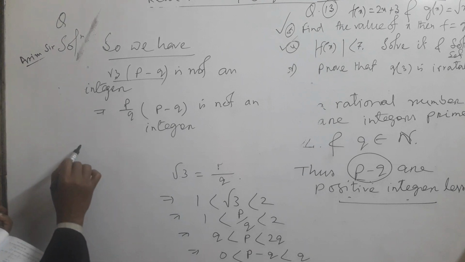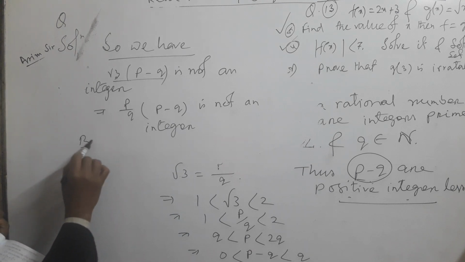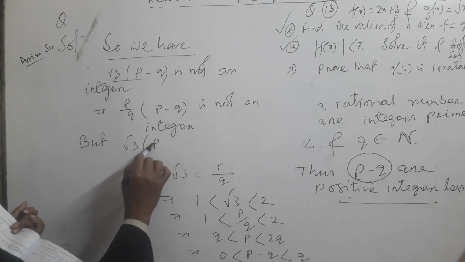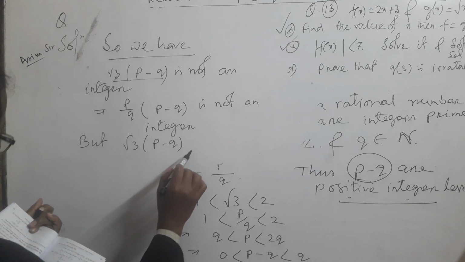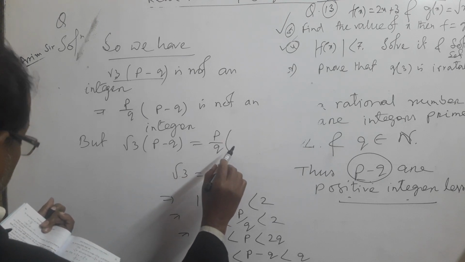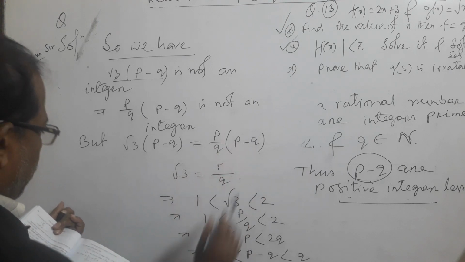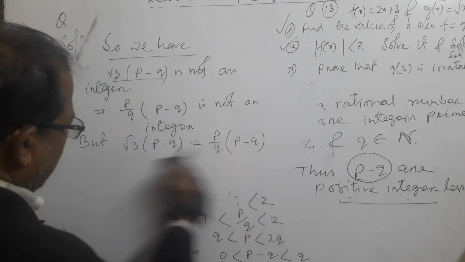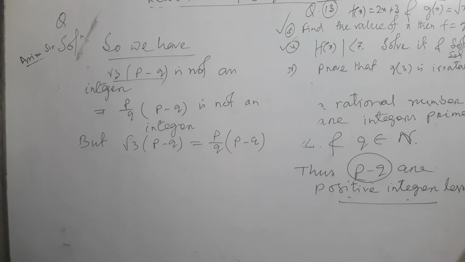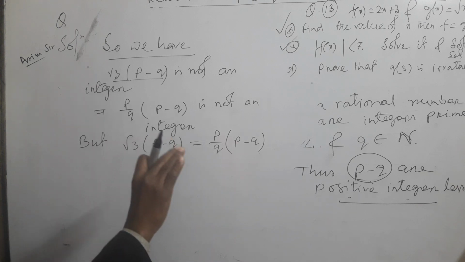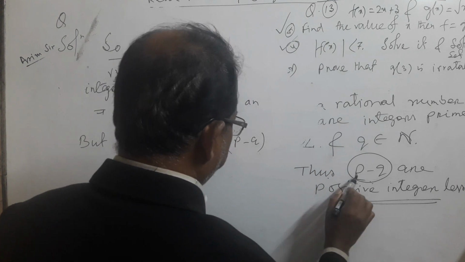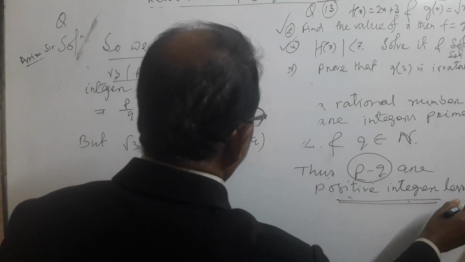So that's why root 3 into p minus q equals p divided by q into p minus q. So that implies this is the easiest, and we have to clear this system firstly. Thus p minus q is a positive integer less than q.